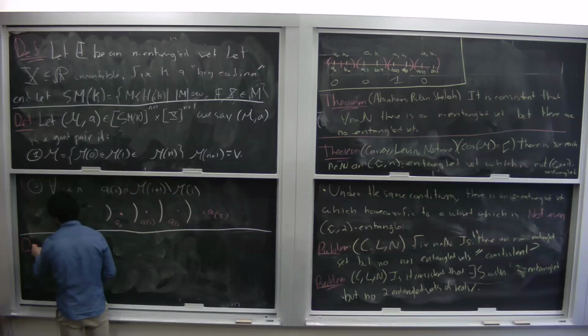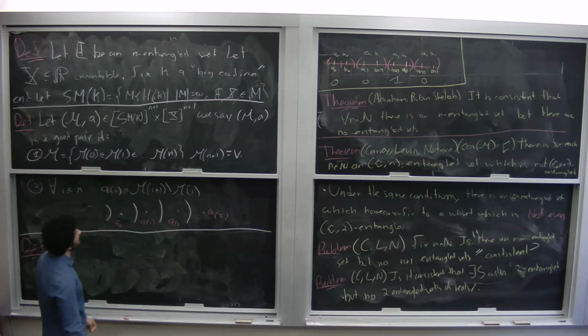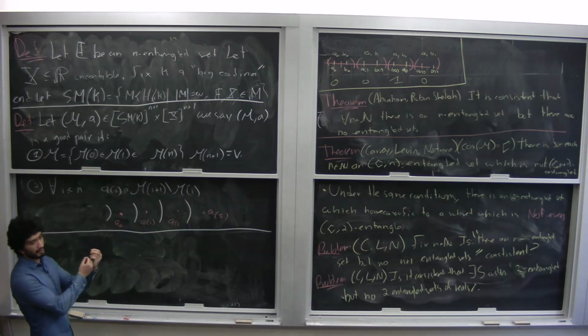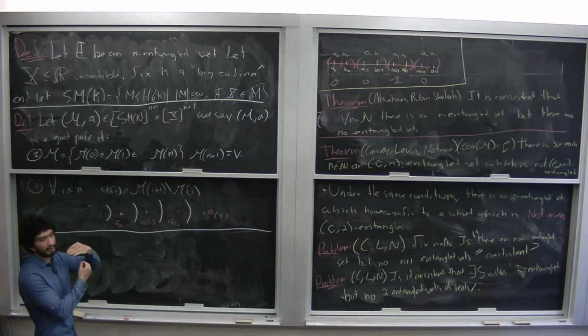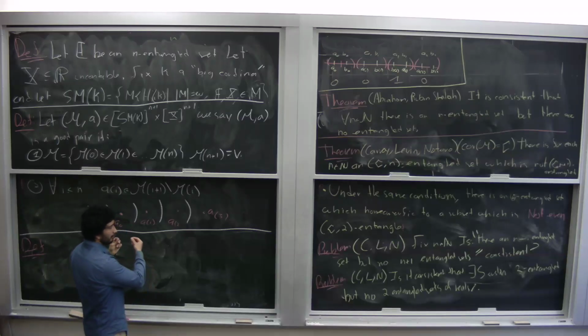And now the definition. Here is something which will appear as a question later. Associated to the notion of an n-entangled set is the notion of an n-increasing set. A set is n-increasing if it is n-entangled, but just for one type, the constant type 0 or the constant type 1, which means that either all a_i are smaller than all b_i, or all b_i are smaller than all a_i.